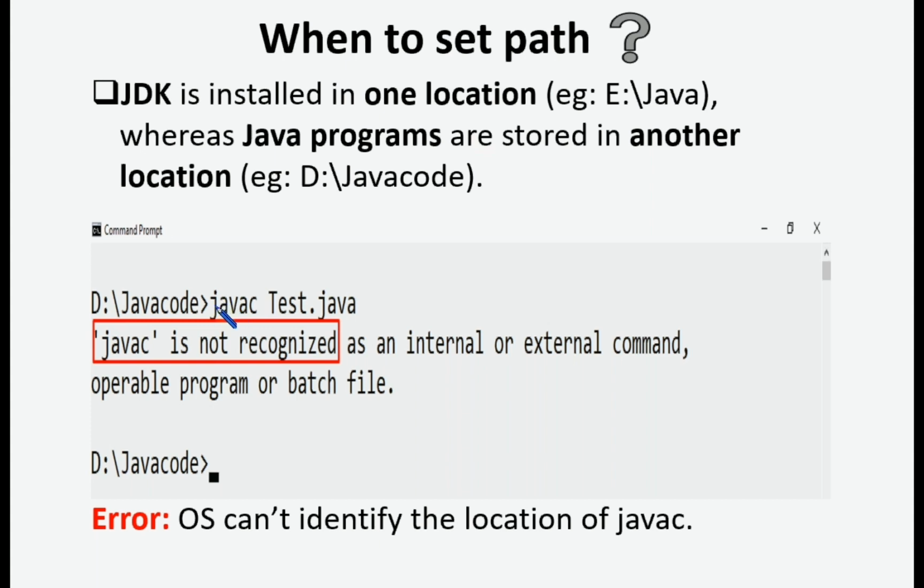Now there is an error: javac is not recognized. This error means the OS can't identify the location of javac. javac is nothing but an executable file, an exe file. The operating system is not in a position to identify the javac compiler. Why? Because the location differs.